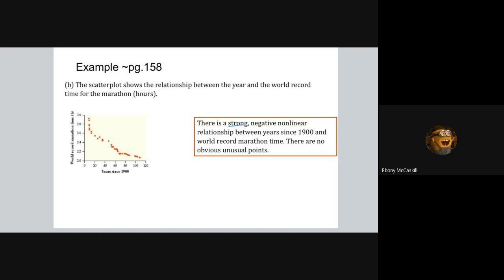There is a strong, negative, non-linear relationship between the years since 1900 and the world record marathon time. There are no obvious unusual points. So notice that if there were no unusual points, we still state that. State there are no unusual points.